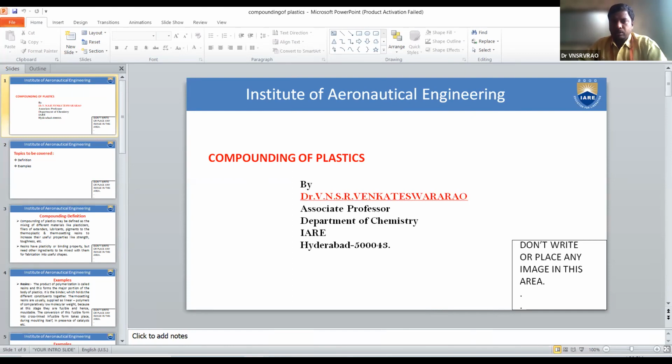Compounding of plastics may be defined as the mixing of different materials like plasticizers, fillers or extenders, lubricants, pigments to the thermoplastic and thermosetting resins to increase their useful properties like strength, toughness, etc.